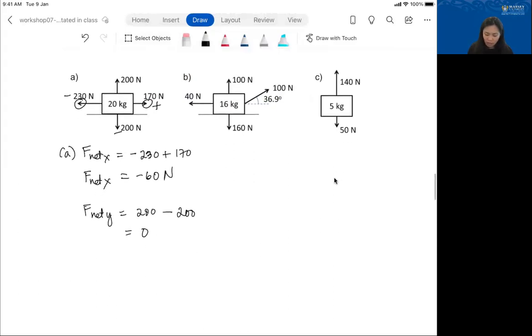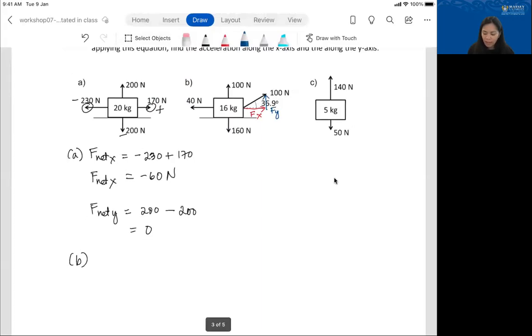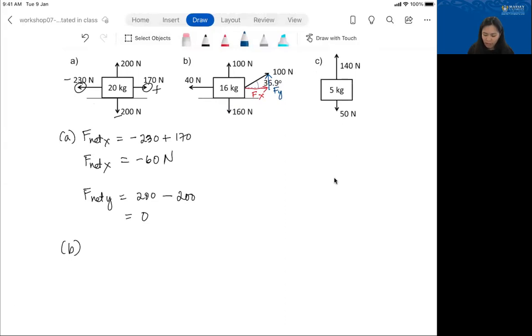For the second scenario, there is one vector that is diagonal. So that means you have to get the x and y components of this diagonal vector. You have to get the x component and the y component of this 100 Newton vector before you can add up all the vectors along the x and the y.